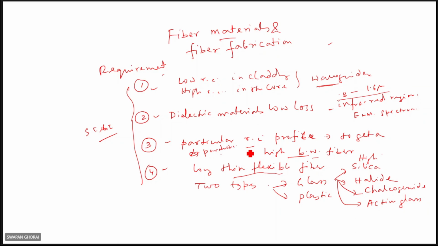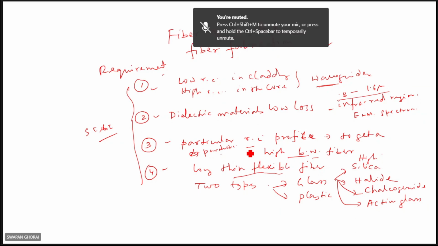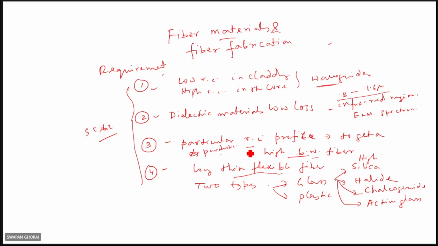The fiber is heated, then pulled, so that a long, thin fiber can be drawn. It must be flexible. If it is made of glass, how can it be flexible? We see that by using a plastic jacket, then it will be flexible. So anyway, the material would be such that we can draw it into a long, thin, flexible fiber. These are the four requirements for materials that can be used for fiber fabrication.